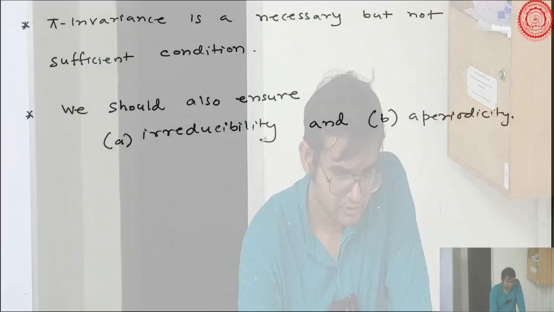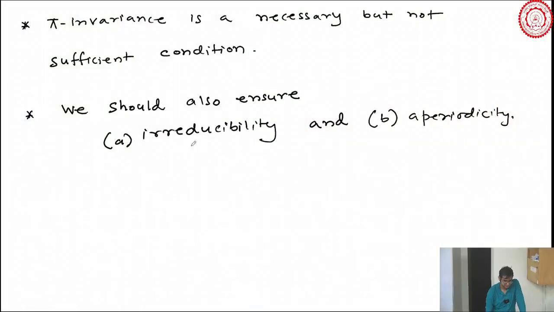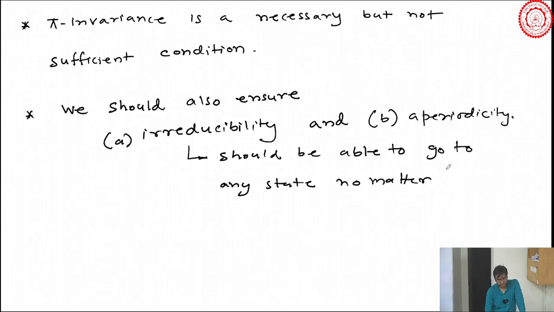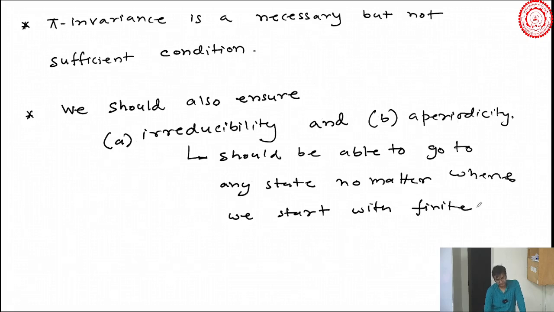Okay. So let me define it first actually before I draw. This I said was: you should be able to go to any state, no matter where we start, with finite probability.